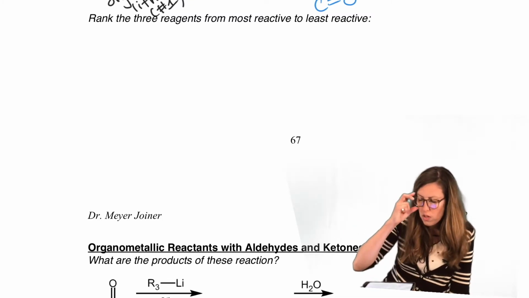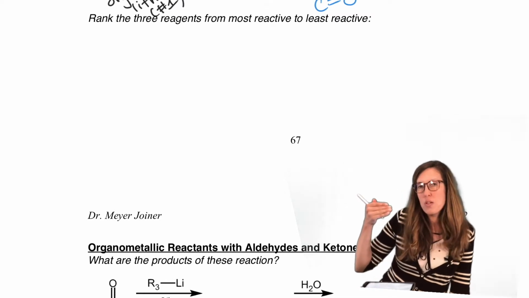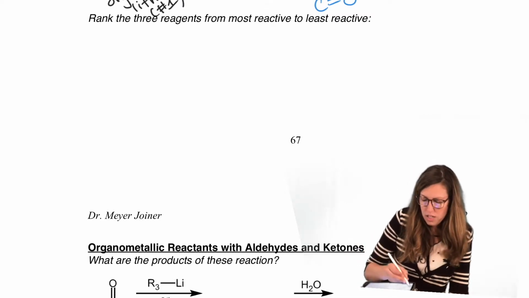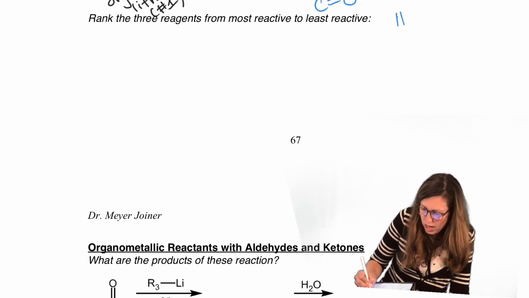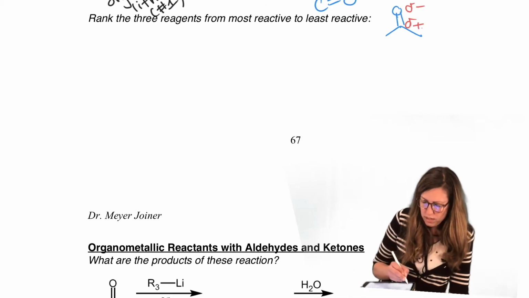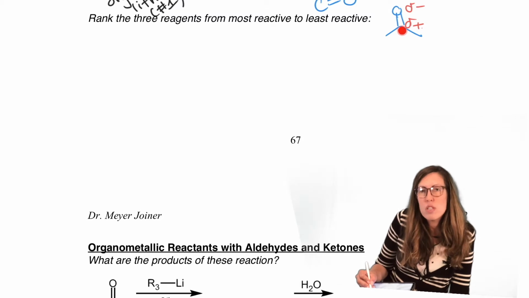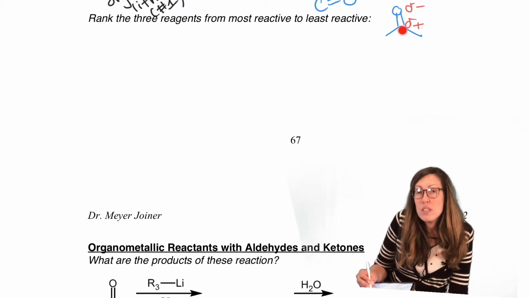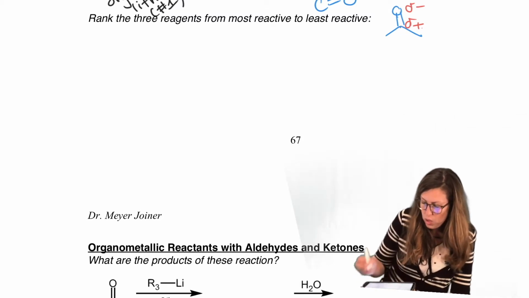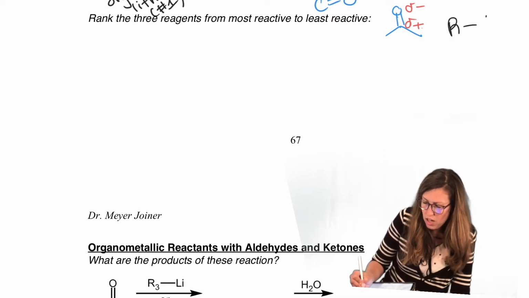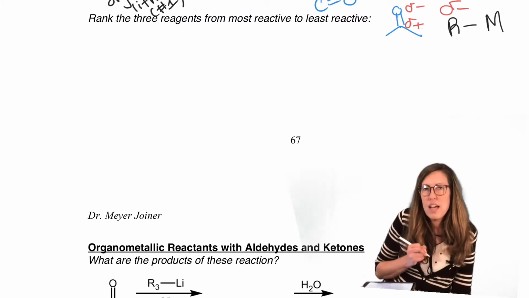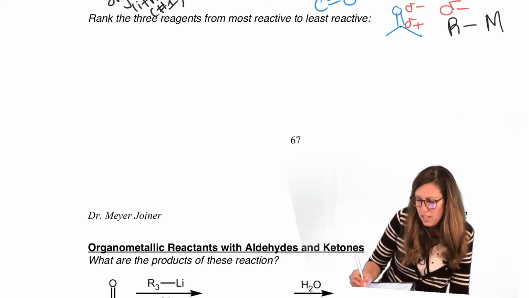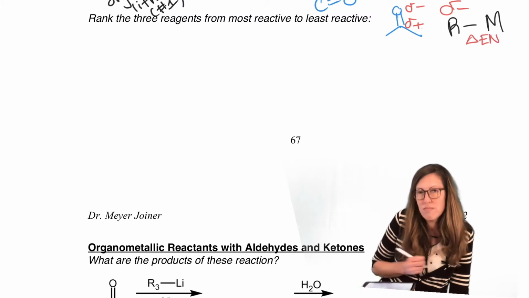Okay, so in order to understand the reactivity, we have to understand which one's more attracted to the carbon. In other words, if we had all 3 in a pot and all 3 nucleophiles were to attack our carbon electrophile, who would get there first? Who's more attracted to that delta plus? Whoever is more attracted to the delta plus would be the R with the biggest delta minus. How do we know who has the biggest delta minus? It's whoever has the biggest dipole.